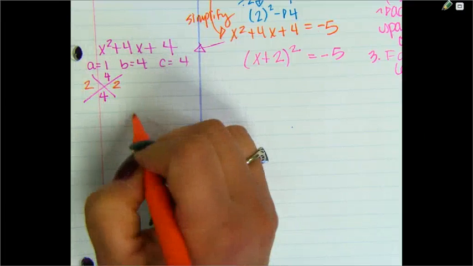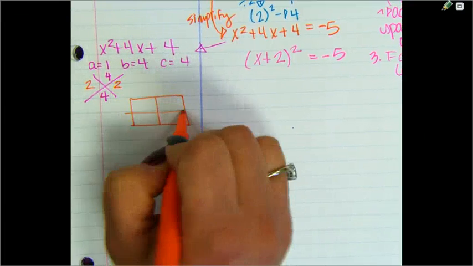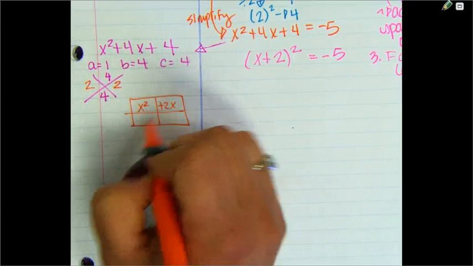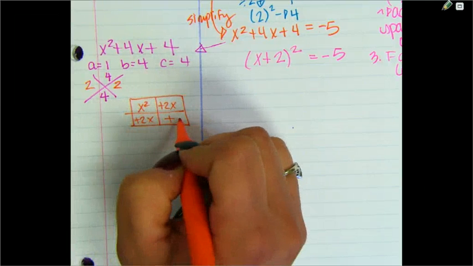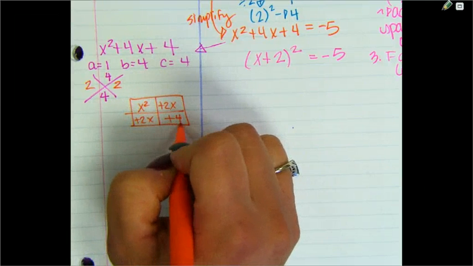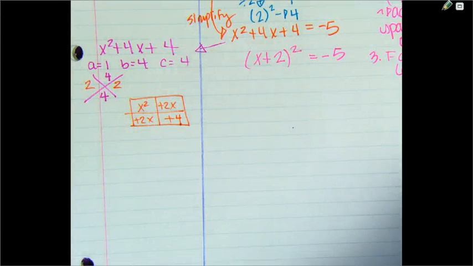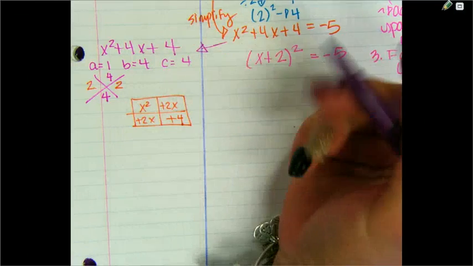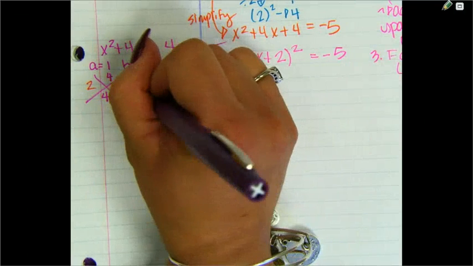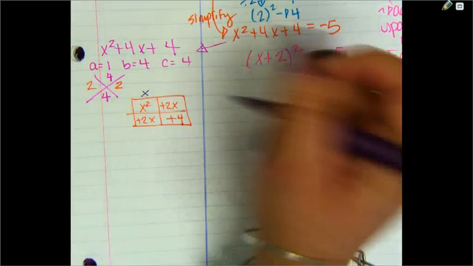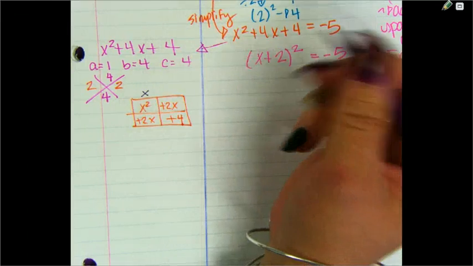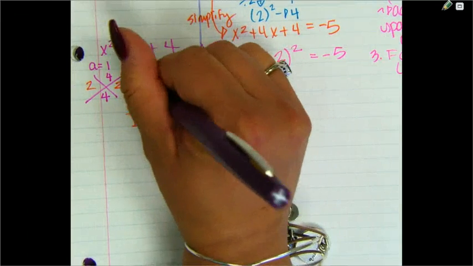What 2 numbers multiply to give me 4 and add up to give me 4? 2 and 2. Okay, draw it in the box. X squared, positive 2x, positive 2x, positive what? 4. What can I pull out of x squared and 2x? X. What can I pull out of 2x and 4? 2.